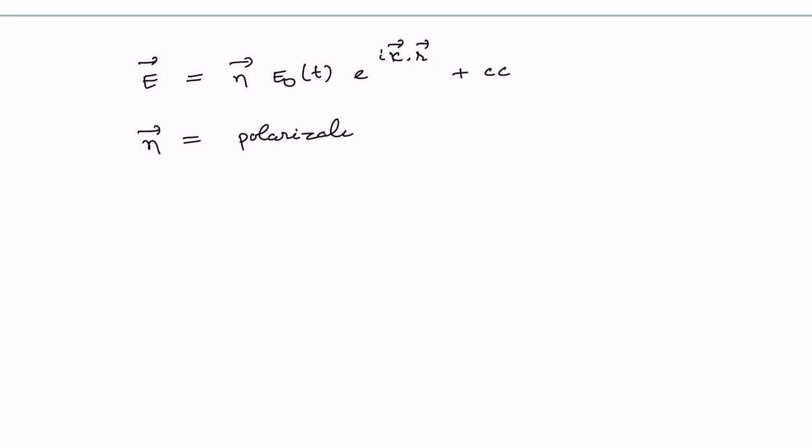This is the polarization direction, and E0 of t is the complex amplitude of the electric field.